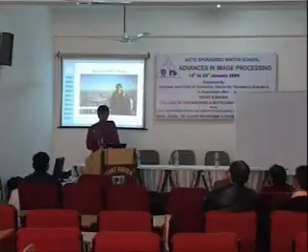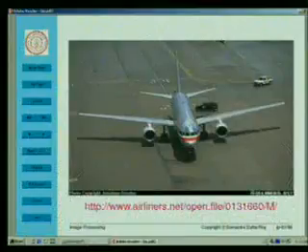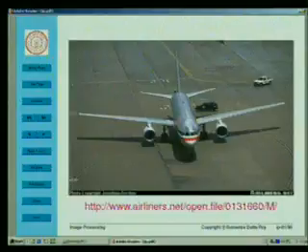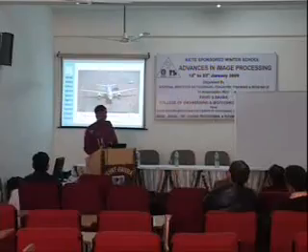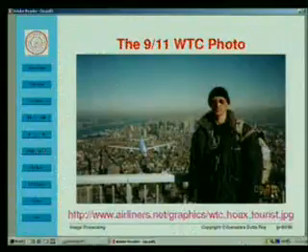But however, there are some context-specific things which help people deduce that, okay, this is a hoax. In this case, people found the original image. I think this is on one of my very favorite websites called airliners.net. The original image was there. Okay? And the second thing is, this is an image of the South Tower.